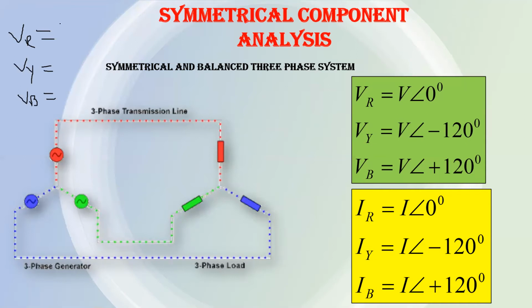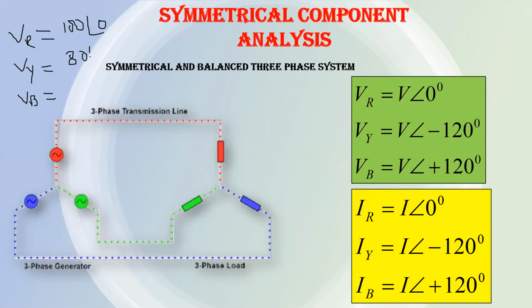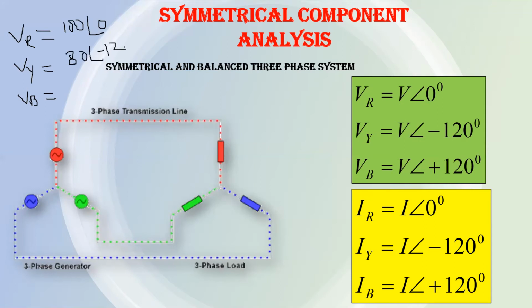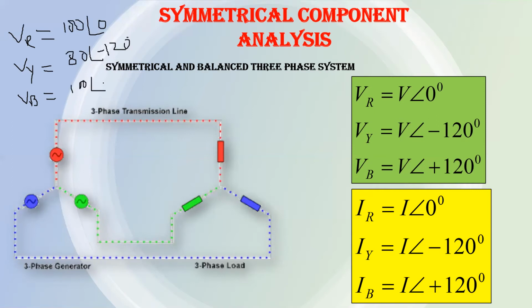But if the voltage of phase A is 100 angle 0, the voltage of phase B is 80 angle minus 120, and the voltage of phase C is again 100 angle plus 120.